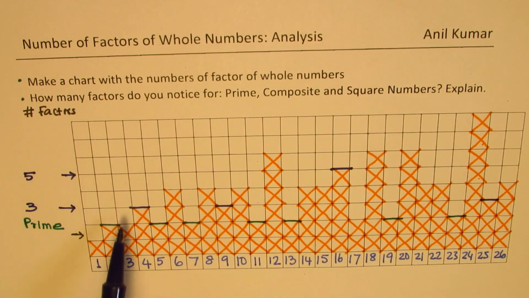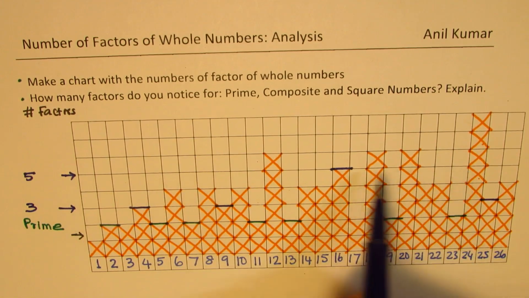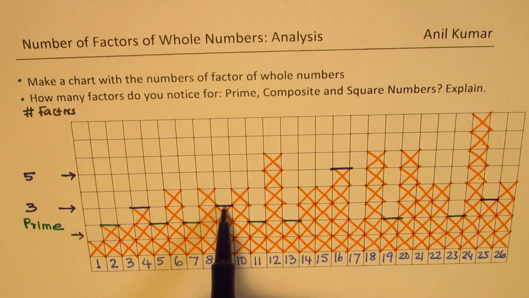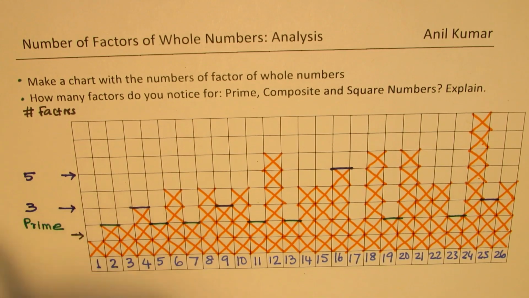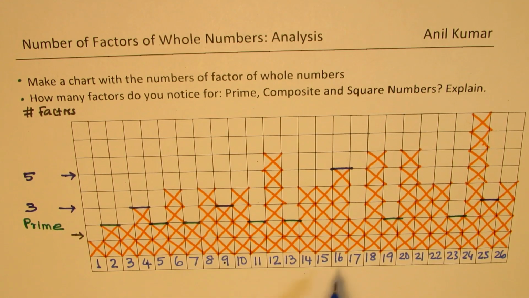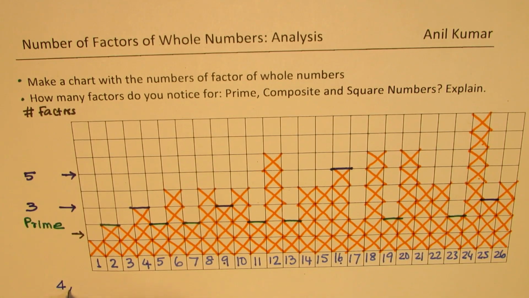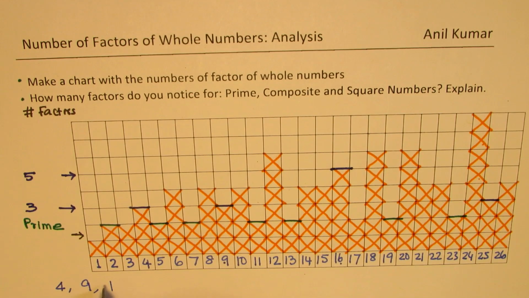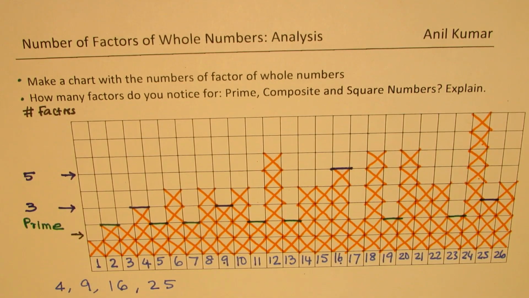So there are some numbers which have either 5 factors or 3 factors. Now what do you notice about these numbers? The numbers which fall in this category, with 3 and 5 factors, are 4, 9, 16 and 25. Do you see that? So the numbers 4, 9, 16 and 25 have an odd number of factors. Even 1 is also an odd number, right?